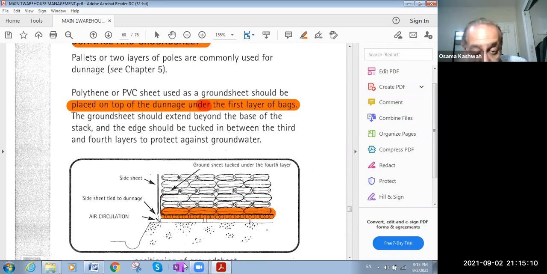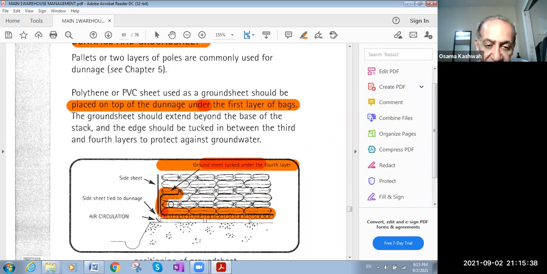Okay. The third and the fourth layer to protect against groundwater. There's also another sheet, a ground sheet, tucked under the fourth layer. So here, you will take it like this and tuck it here, like this way, with the fourth layer.